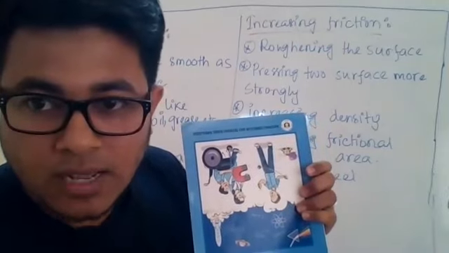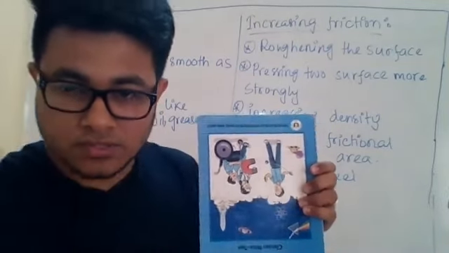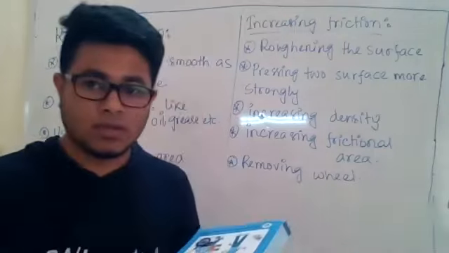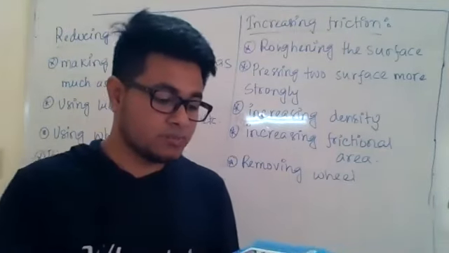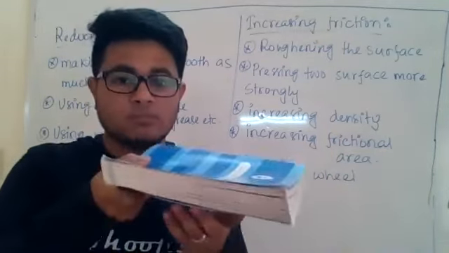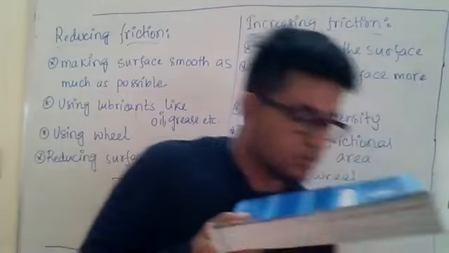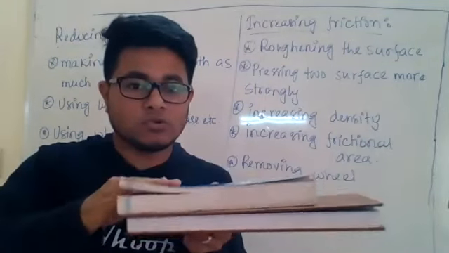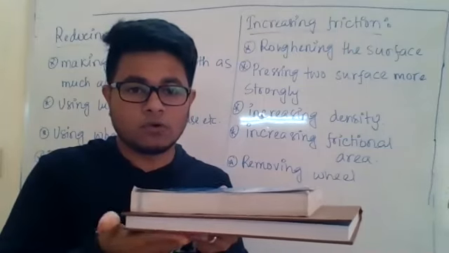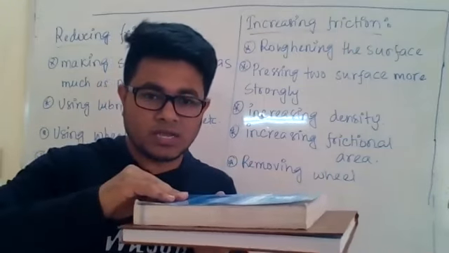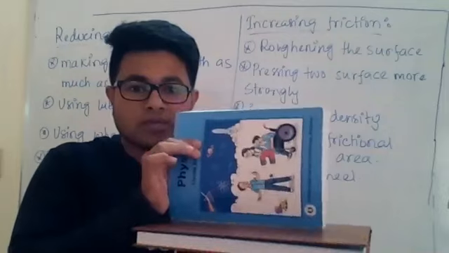Abdullah, I will unmute you. I understood your doubt, so I will explain it. When we try to keep the book like this, see, a large amount of area is in contact with the floor, and as a result, it will be harder to push, right? But what if I keep the book like this?